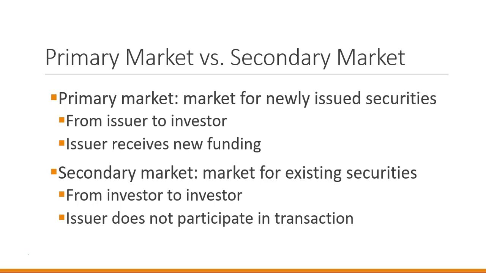In secondary market transactions, the original issuer isn't involved. This issuer doesn't participate in the transaction, isn't receiving any funding, and isn't directly affected by any change in pricing in the securities since the original issue.